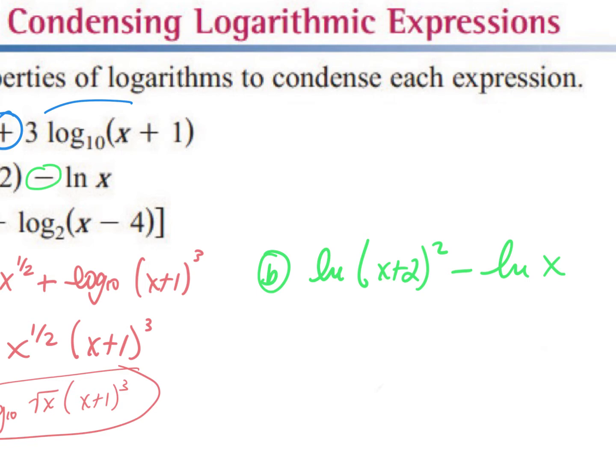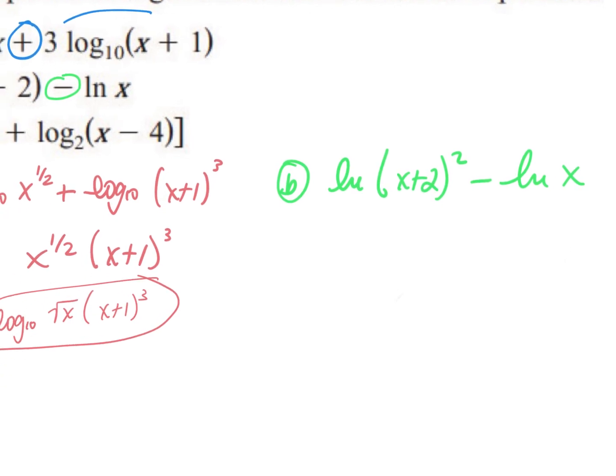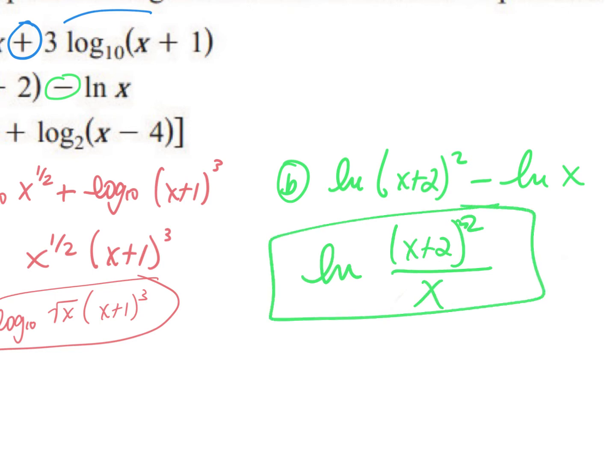Can I smush together a little more? Yes, I could rewrite this with the natural log just one time out in front. And then I have x plus 2 squared over what? Over x, just like that. And just leave it. That's condensed. That's smushed together. You do not have to multiply the top out.